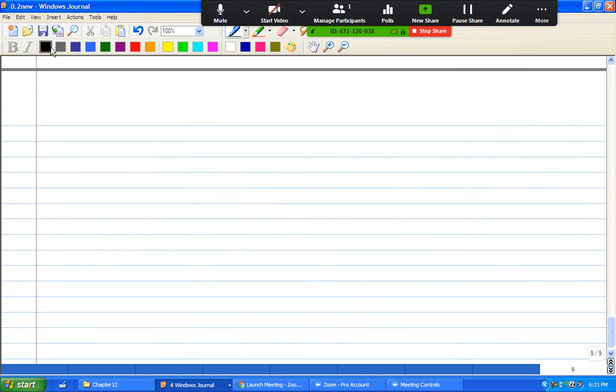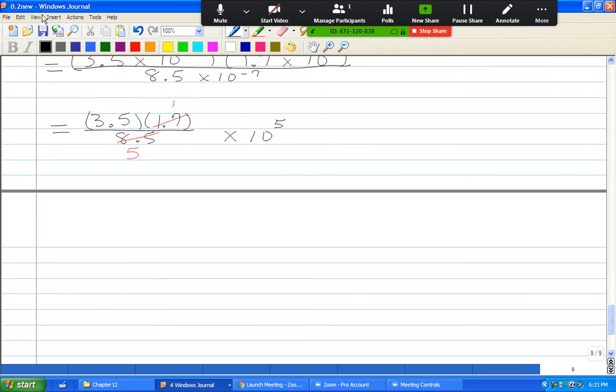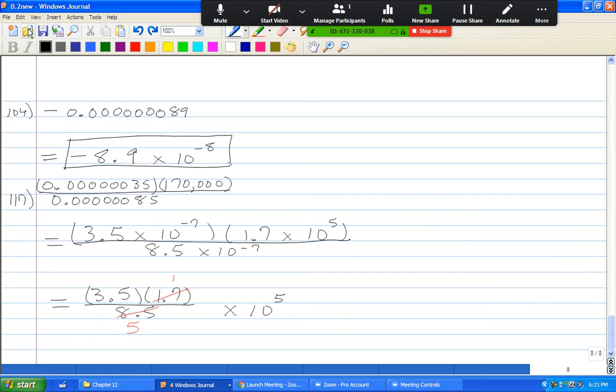So let me simplify this. So this is equal to, well, 3.5 divided by 5 is 0.7.